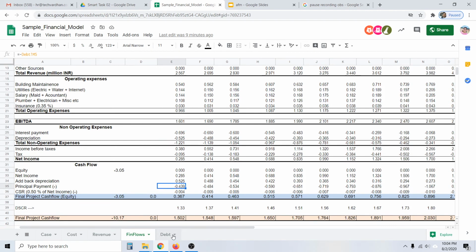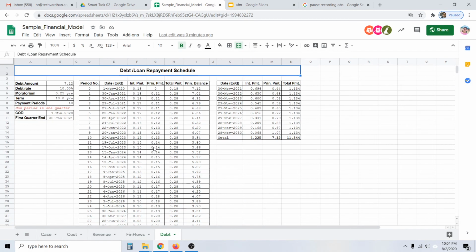Now let's see how this interest and principal payment is calculated. In this sheet, this is the block that you need to focus on first. Debt amount, debt rate, moratorium, term, payment periods. Payment period is 1 quarter. Sometimes somebody says one period is 1 month. Here we have taken payment period as 1 quarter.